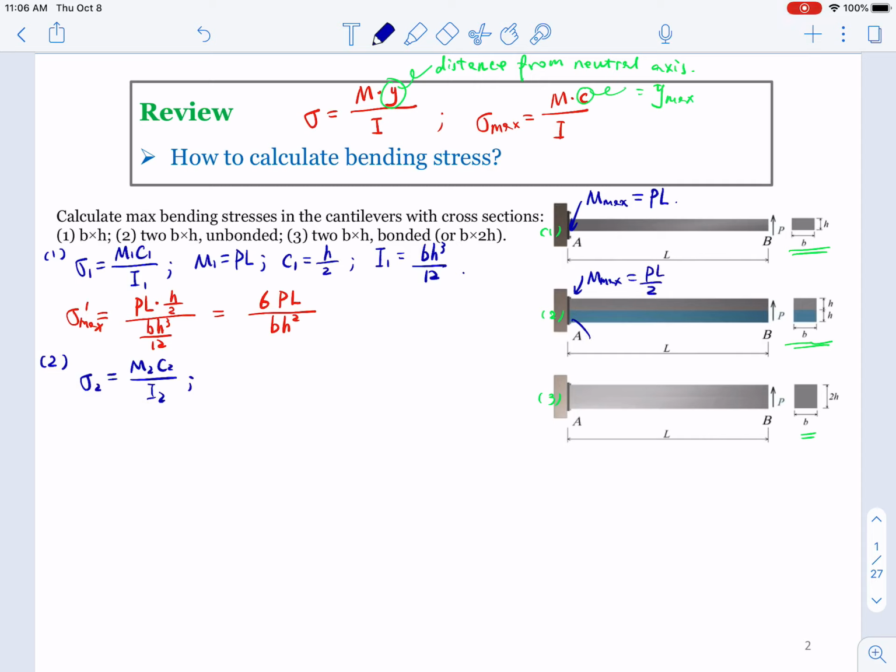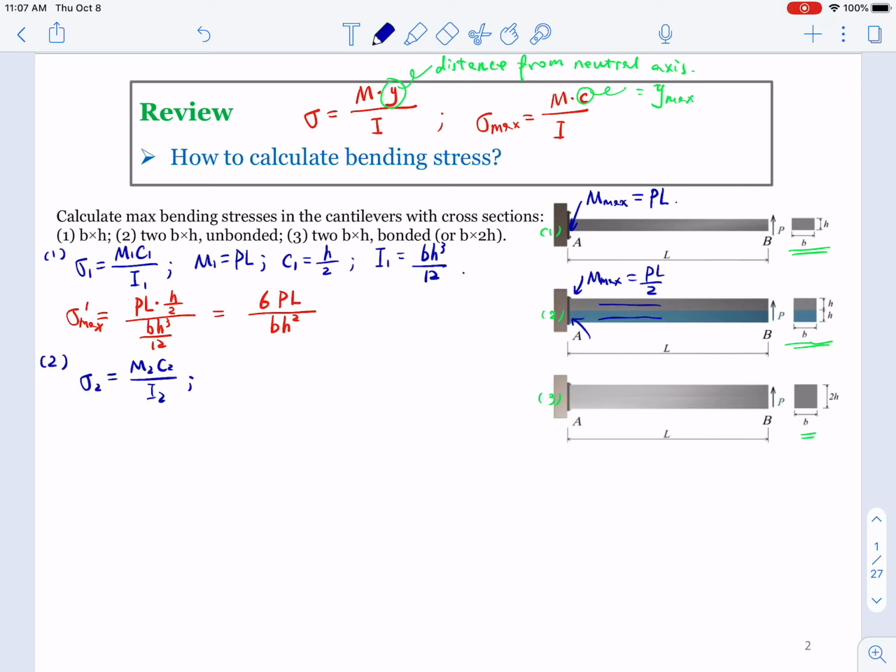You have two bending moments, one carried by each of them, and each equals PL over 2. In each of them, what is the C value? Since you have two parallel beam sections, each has its own neutral axis, and the maximum distance from the neutral axis will still be half h.